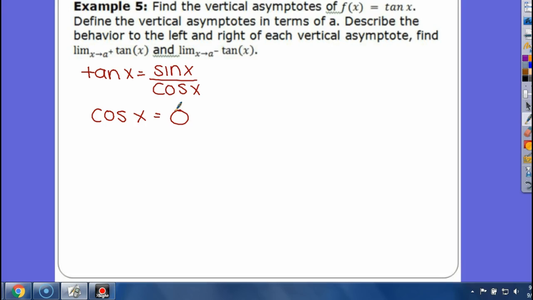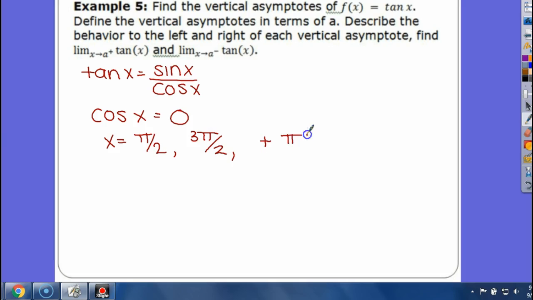Pi halves, 3 pi halves. You know, all those. So what's the pattern? How's it repeating at pi halves, 3 pi halves? What am I adding to get from pi over 2 to 3 pi over 2? Okay. Because the next one would be 5 pi over 2. So it's pi halves plus pi k.